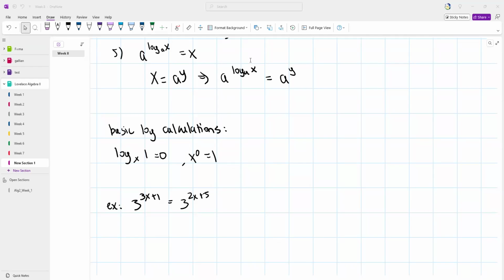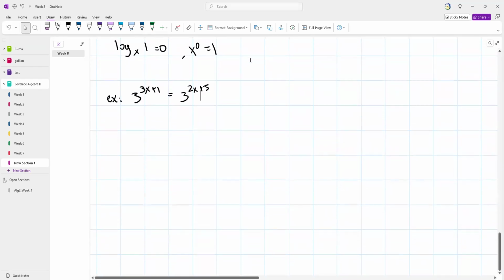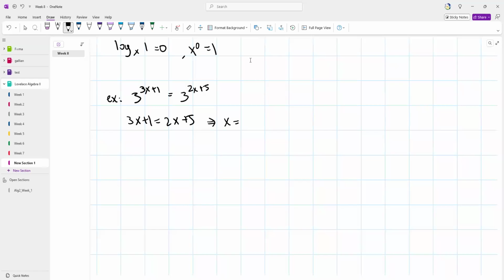Okay, so one way you can do it is you can just take the log of both sides. We're allowed to do this, it's kind of the same as taking the exponent of both sides, but you're doing it inverse. So 3x plus 1 is equal to 2x plus 5, and we get x is equal to 4, right?